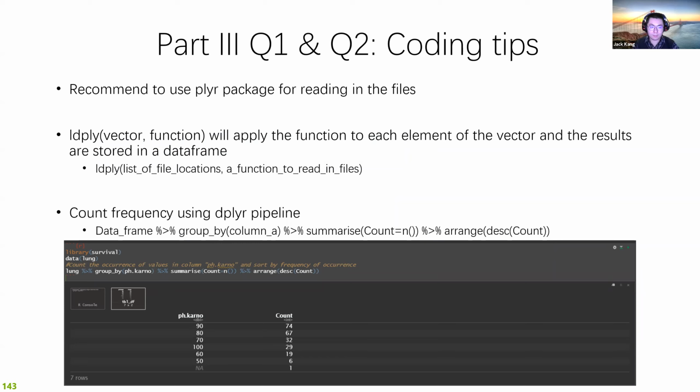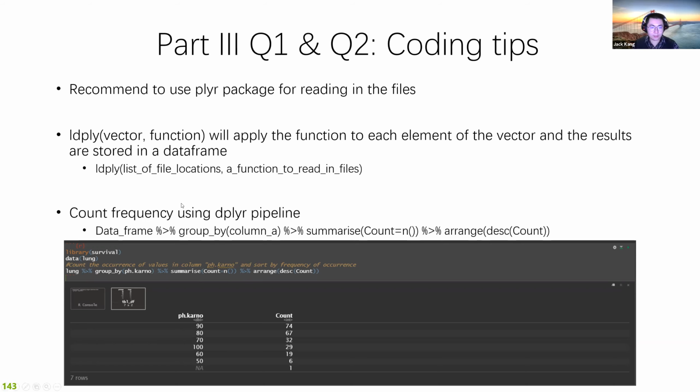So here I present a convenient way of reading all the files together and combining them into a large data frame. So you want to use the function here. It takes a vector and a function, and basically it will apply this function to each element of the vector, and the results will be stored in a data frame.